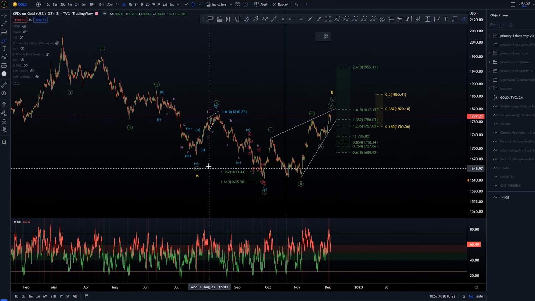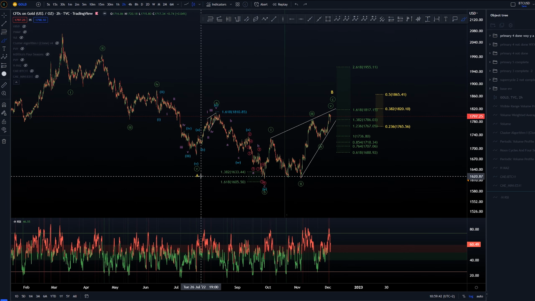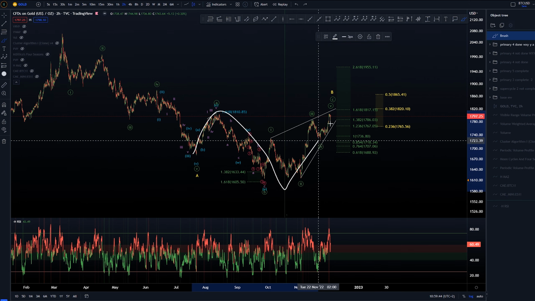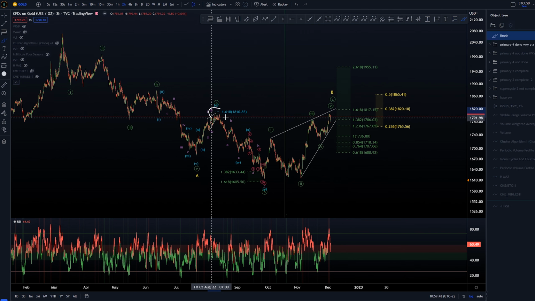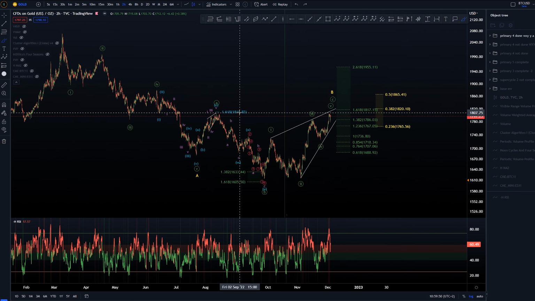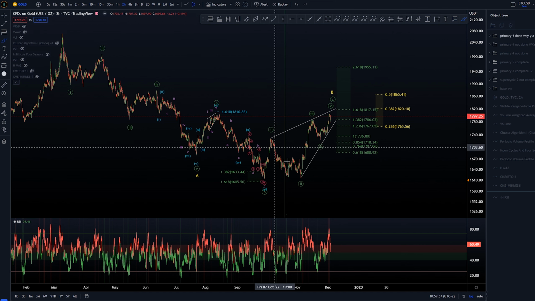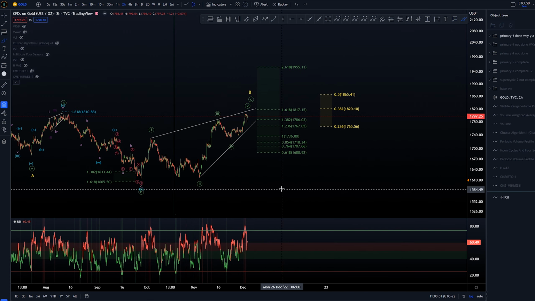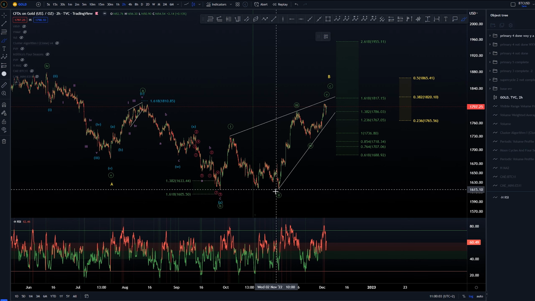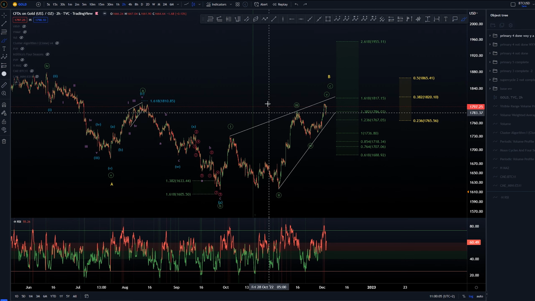The idea was that we had a five-wave structure into these lows of A wave, then an expanded structure here for that potential B wave. At the moment, we have yet to take out the highs of wave A, so this is still called a running flat. If we go beyond the $1,807 area, we would be calling this an expanded flat. Now, for the last structure here, I have to note that wave 3 here is the longest structure.